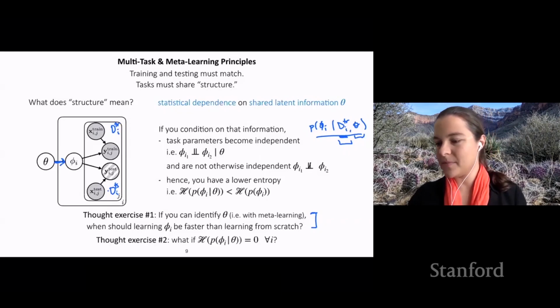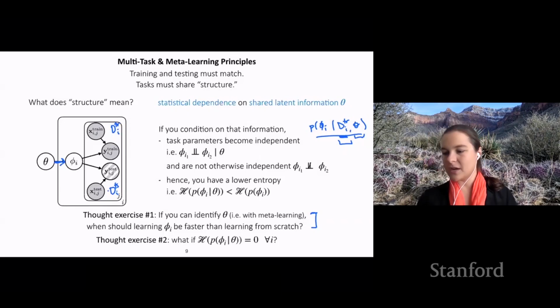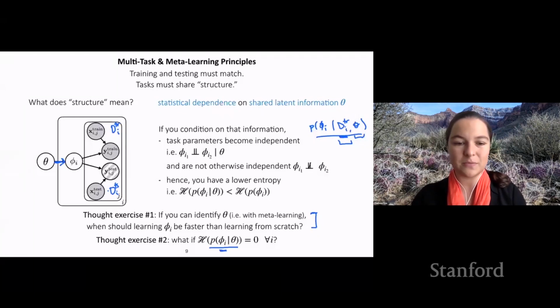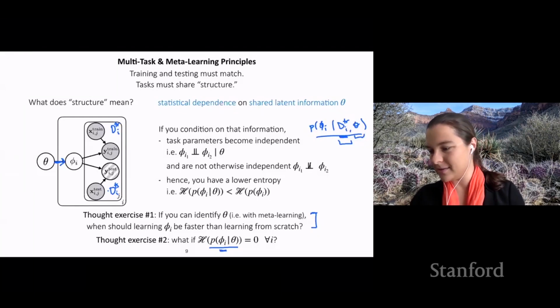Okay, and then a second thought exercise is what happens when the entropy of this distribution right here is 0? It means that you can deterministically figure out what phi i should be if you know what theta is, for all i.